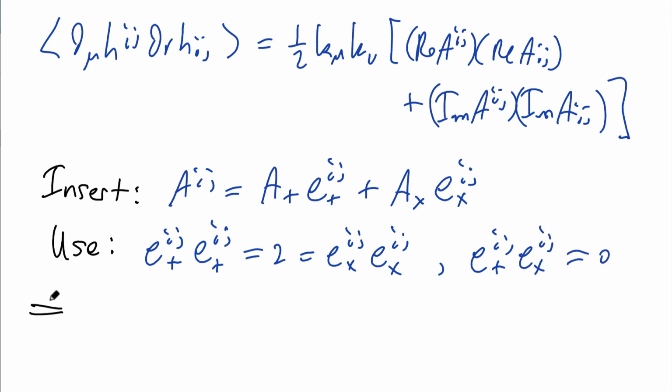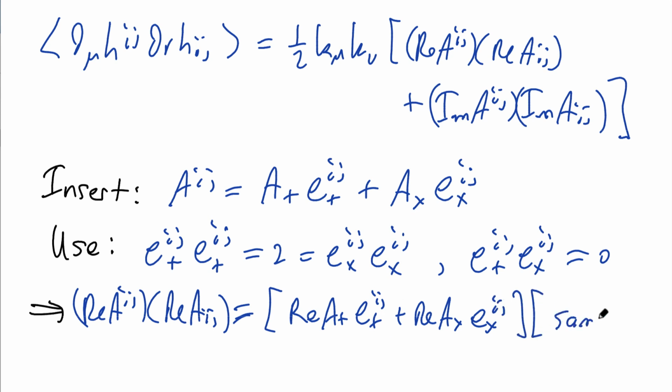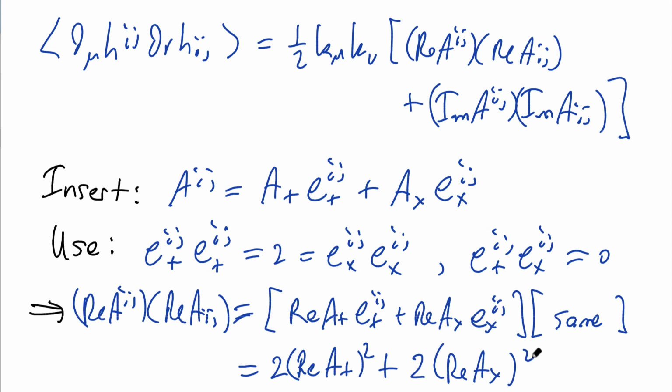Then, for example, the real part of Aij times the real part of Aij is equal to the real part of A plus times E plus, plus the real part of A cross times E cross, all of that times the same thing. And this simplifies to 2 times the real part of A plus squared plus 2 times the real part of A cross squared.